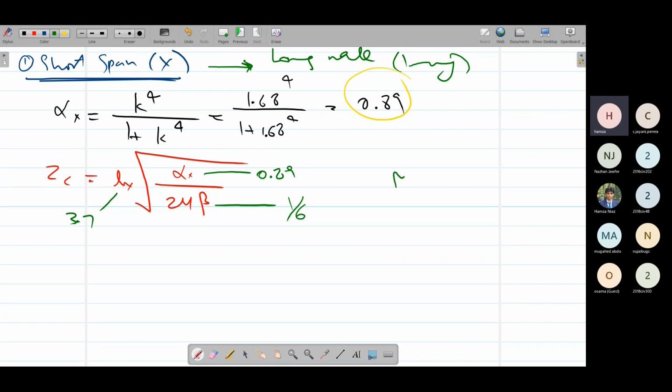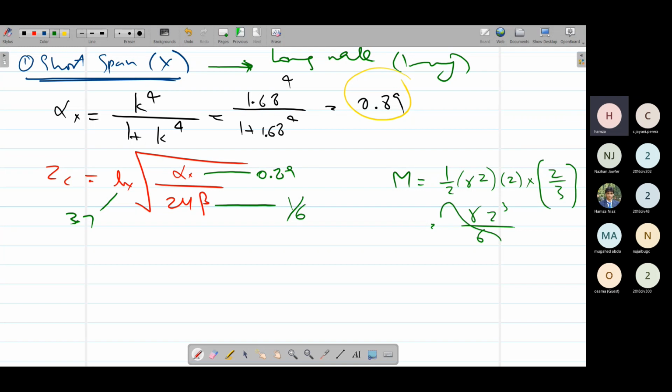Why? Because we know that moment is equal to half into base into height, gamma z into z. This is the base into height into its moment arm, which is z over 3. That is gamma z cube over 6. So the coefficient of moment in this portion for one way is 1 over 6.